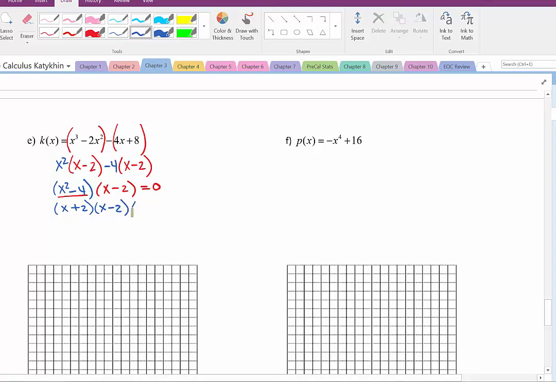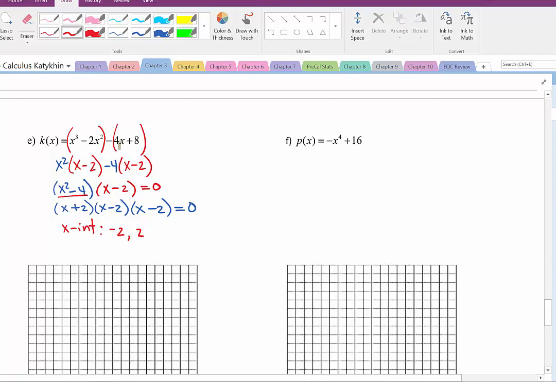And we still have this x minus 2 here is equal to 0. Then notice if I set them all equal to 0, I'll get my x-intercepts. So x is equal to negative 2 and positive 2.